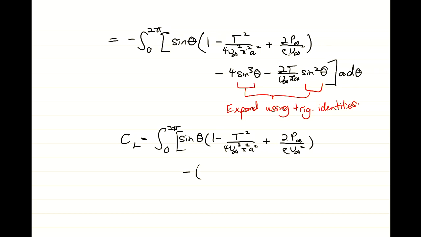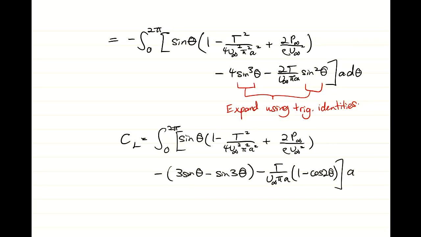Minus, now I'm going to get 3 sine theta minus sine 3 theta, minus gamma over u infinity pi a times 1 minus cos 2 theta. It's going to be a d theta.